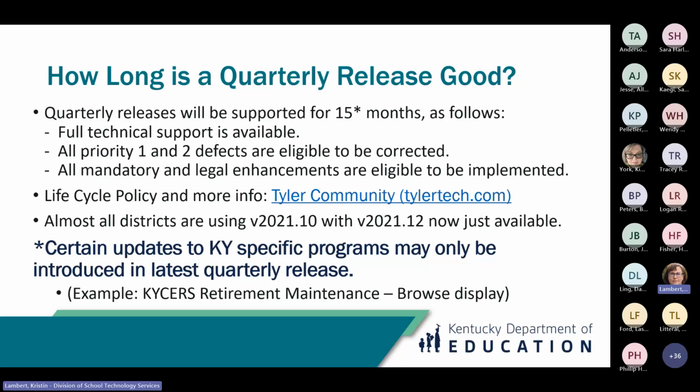If you go to that program now and select browse, you'll see some dates that say like 1899, and it's just a display issue. That was fixed in 2021.11. So people in 2021.10 didn't see that change, but when you upgrade, you will see that has been fixed in a future release.